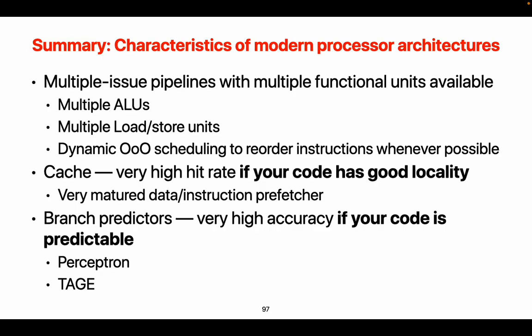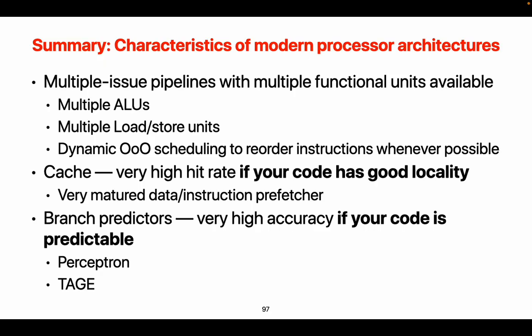As a summary, we have learned so far that microprocessors all have these characteristics. They have multiple-issue pipelines, called superscalar. They have a dynamic out-of-order execution engine that schedules instructions simply based on their data dependencies. They have high performance caches so that we can fetch instructions almost continuously.